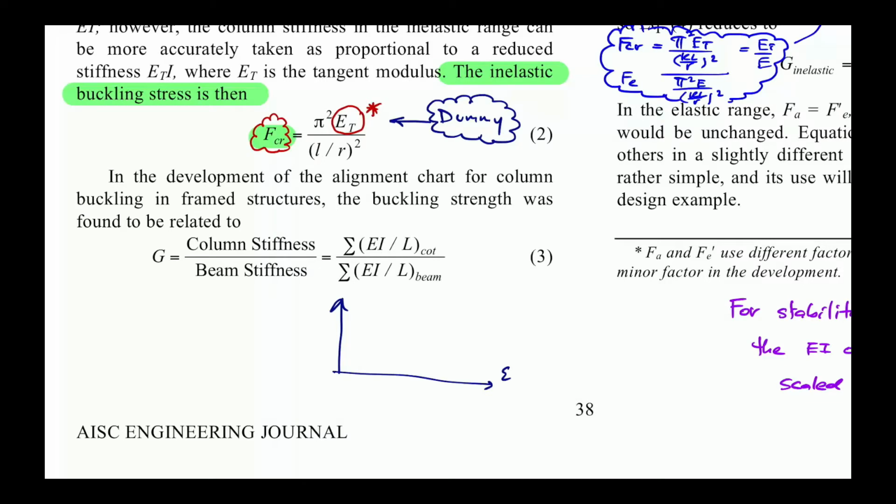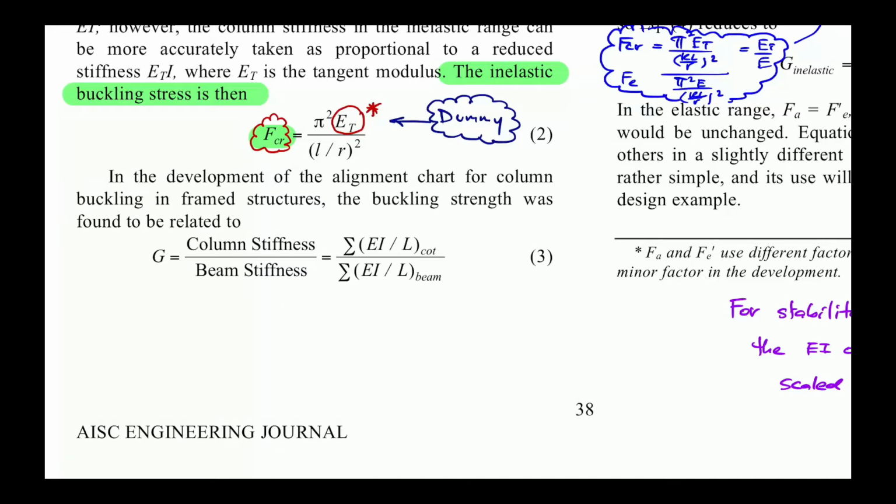If we plot the stress and the strain, the average stress of the steel cross section under compression, you are going to get a curve like this, with a transition zone. If you draw the tangent line, you might call this ET. Okay, so the ET is something like just a dummy, just for the use. It is a little tricky.